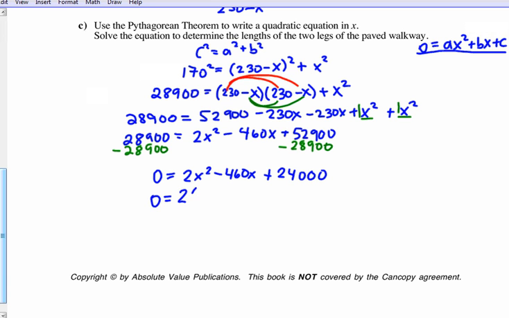So factoring out 2, we have x squared. What's 460 divided by 2? 230. And plus 12,000. Okay, so if it's a simple trinomial, we just need two numbers that multiply to 12,000 and add to negative 230.